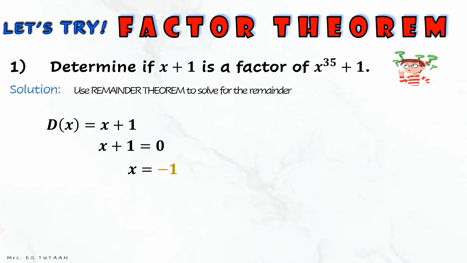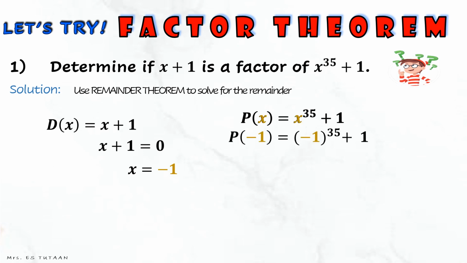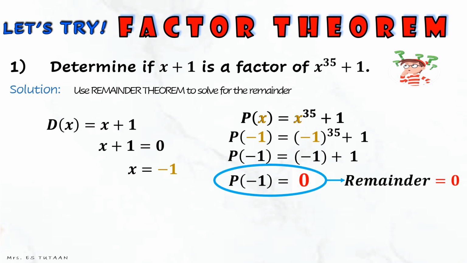Then we substitute negative 1 for all variables x in the given p of x. So p of negative 1 is equal to negative 1 raised to the 35th power plus 1. Then we simplify the exponents. Negative 1 raised to the 35th power is equal to negative 1, plus 1, that will give us 0.